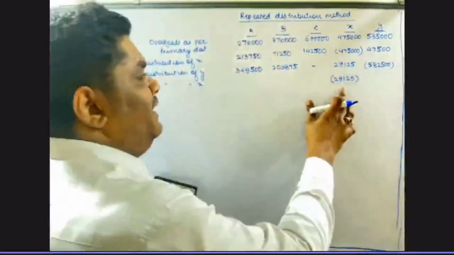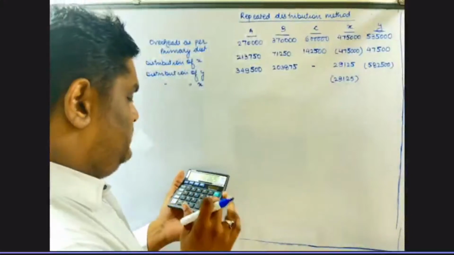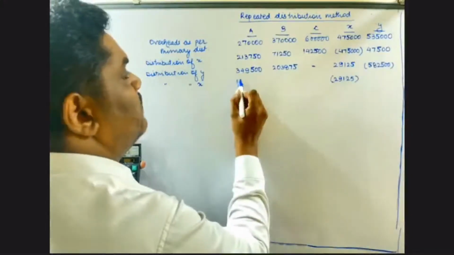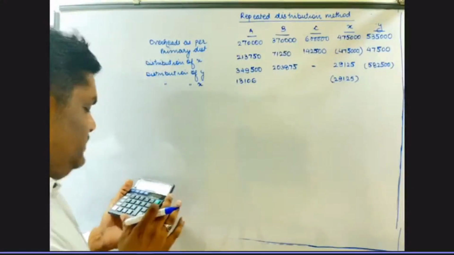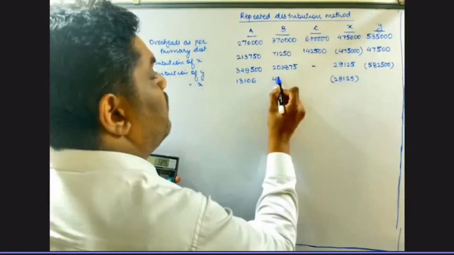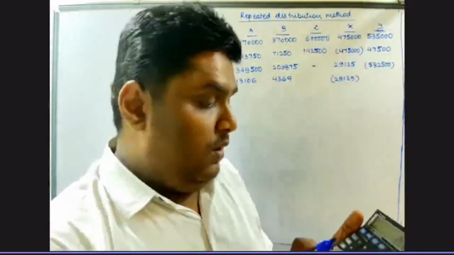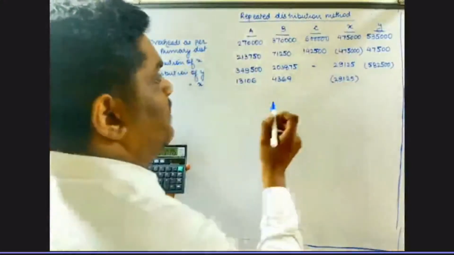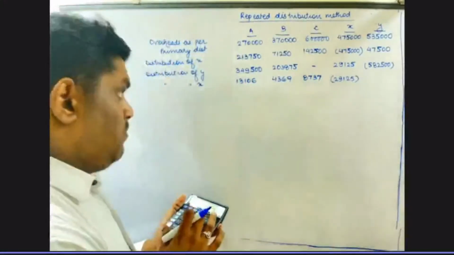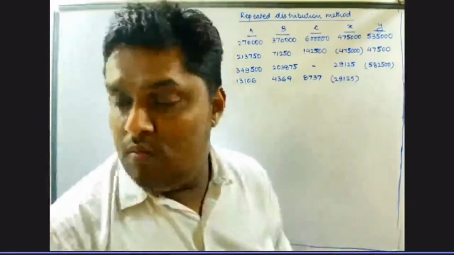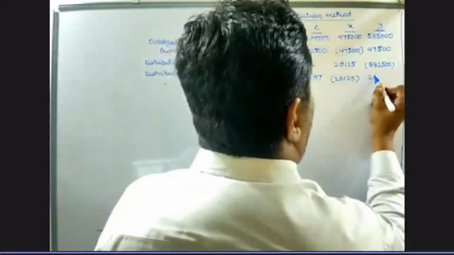So here 29,125, that is of X, is to be distributed as follows, that is 45%, that is 13,106. 15%, this will be 4,369. 30%, this will be 8,737. And 10% will be 2,912.